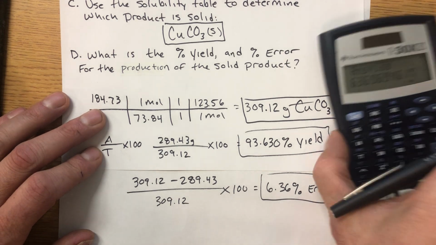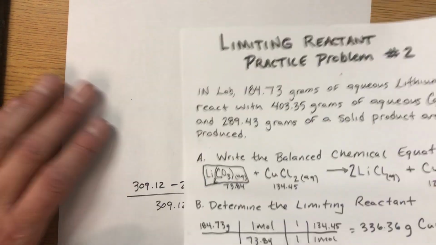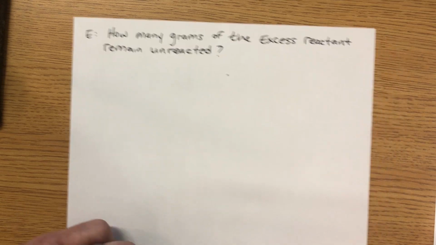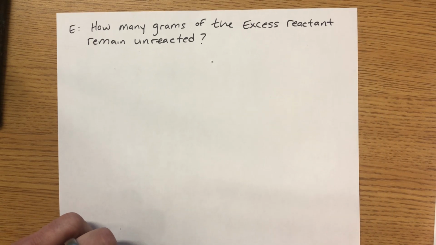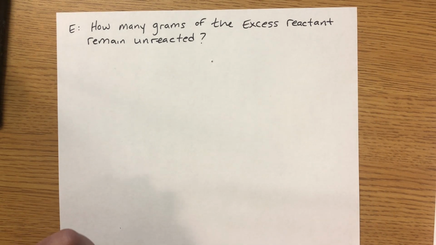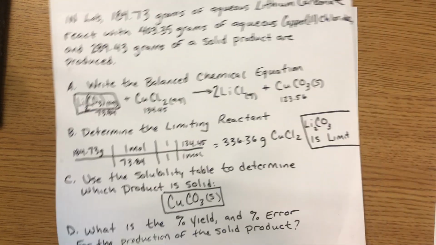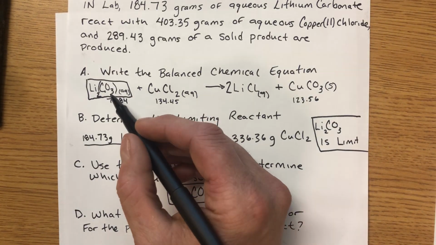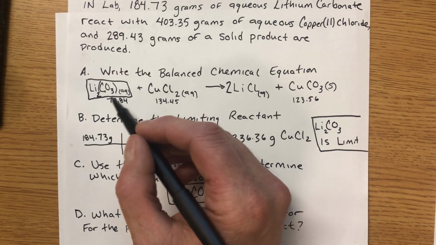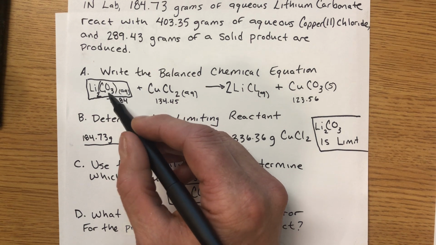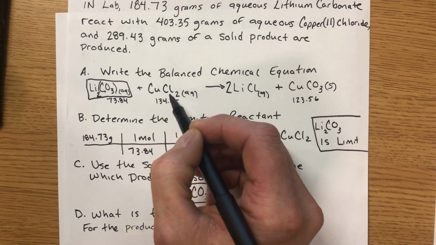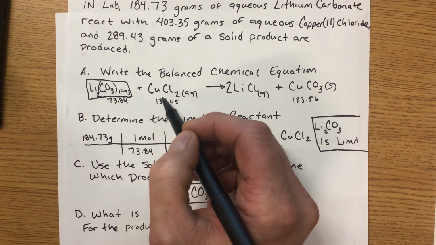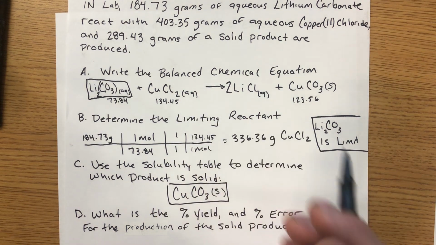All right, and then finally the last question that we do here is how many grams of the excess reactant remain unreacted? So again, we have determined that lithium carbonate is our limiting reactant, so it's all going to get used up along with some portion of our given copper 2 chloride. So let's figure out how much gets used.